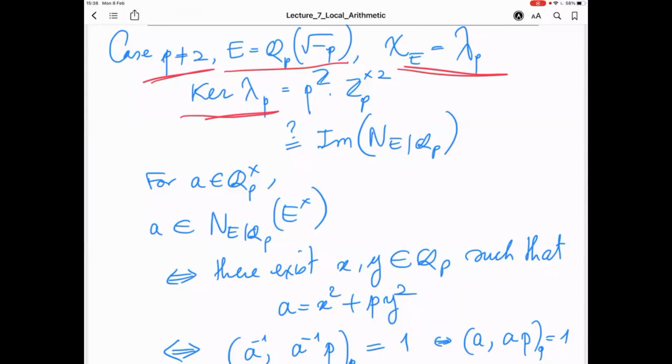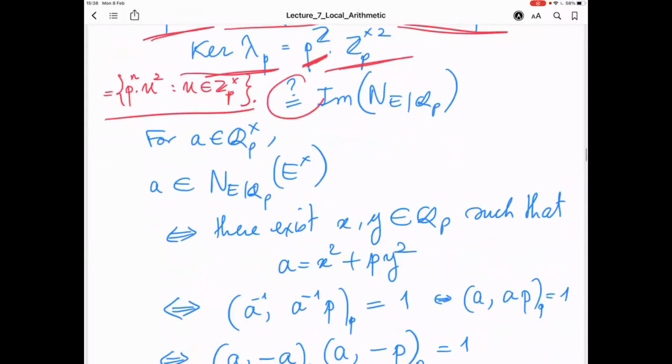Of course, the valuation is allowed to be arbitrary, but the unit has to be a square. So the kernel of lambda_p consists of p to the power n times u squared, where u is in Z_p star. Okay, so that's the kernel of lambda_p.